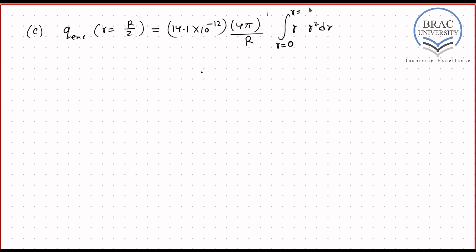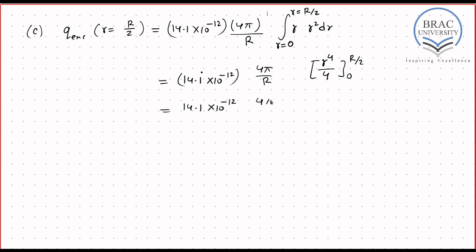So in the same way, you can evaluate this integral. We'll have 14.1 times 10 to the power minus 12, 4 pi over R, r to the power 4 divided by 4, from 0 to R by 2, and then 14.1 times 10 to the power minus 12, 4 pi divided by R, R to the power 4 divided by 4 times 2 to the power 4, because of this R by 2 here, and 2 to the power 4 is basically 16.